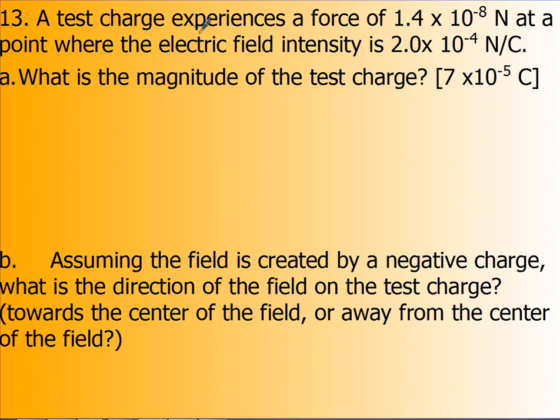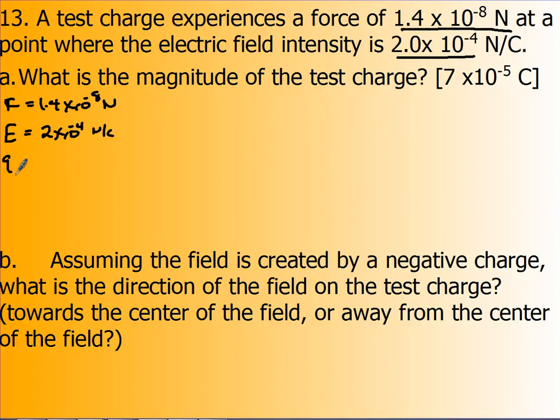Now, I have a test charge that has a force of 1.4 times 10 to the negative 8 newtons, where E is 2. What's the test charge? All right, F is 1.4 times 10 to the negative 8 newtons, and my electric field is 2 times 10 to the negative 4 newtons per coulomb.